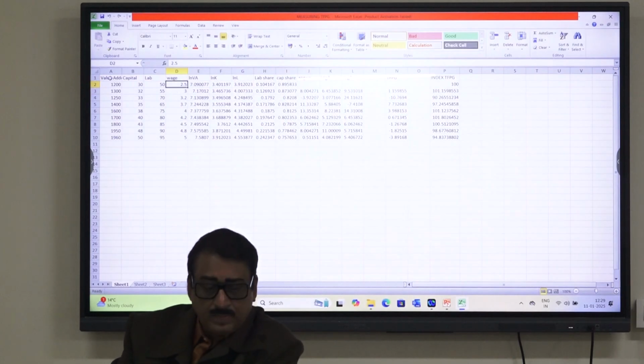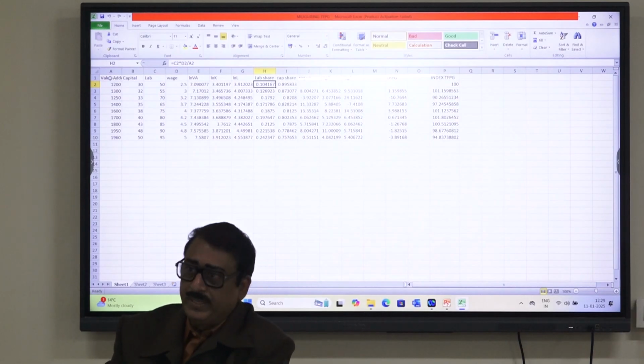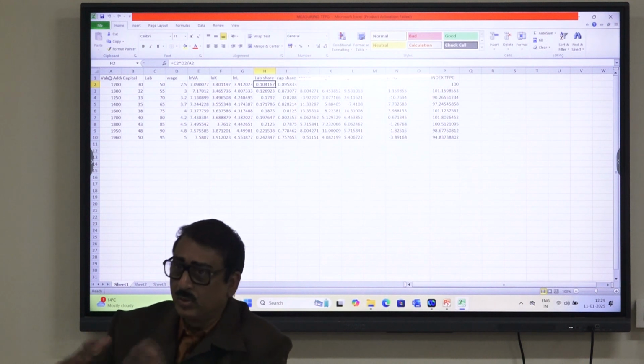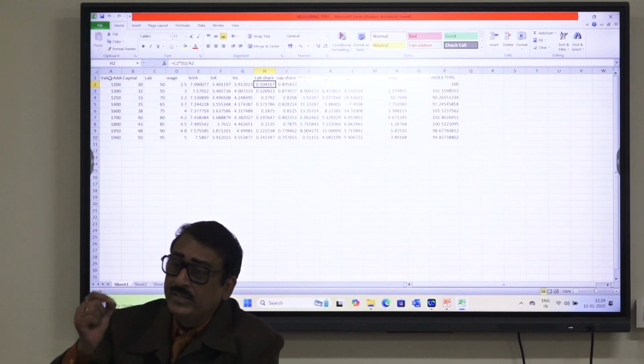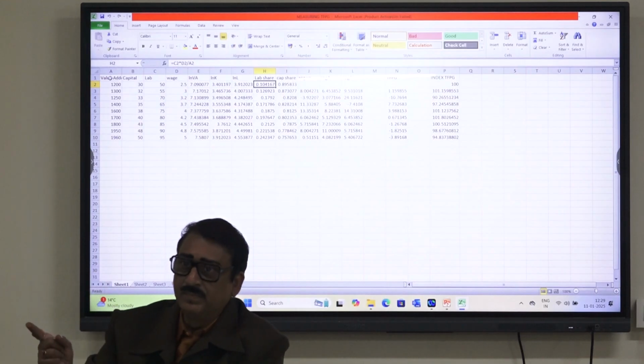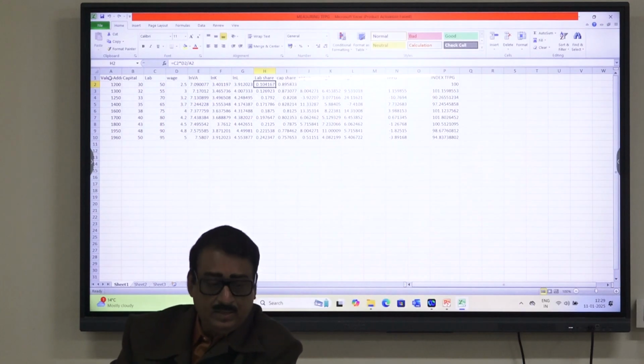Then I am calculating labor share. That is wage into C into D. C is what? Labor, total amount of labor. D is what? D is the wage rate per person, per labor. So C into D divided by A. A is what?